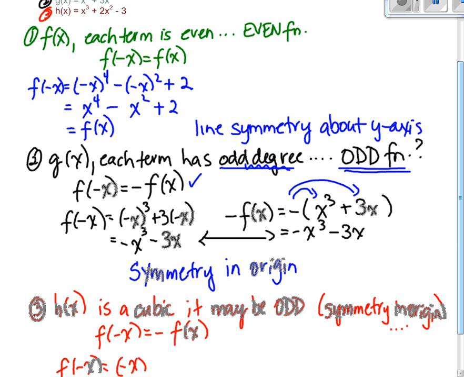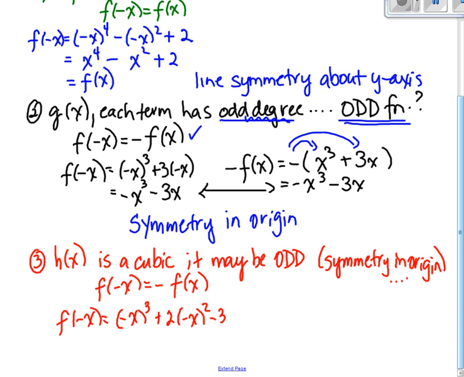So I have negative x cubed plus 2 negative x squared, take away 3. Tidy that up. Negative x cubed is negative x cubed, plus negative x squared is going to be positive, so I can write that as 2x squared, take away 3.